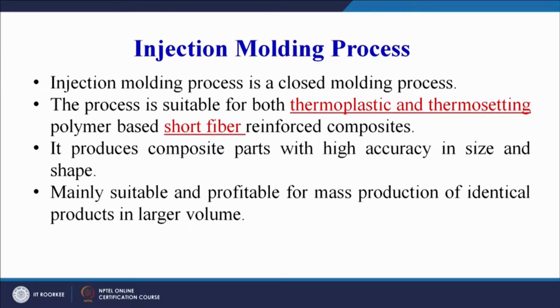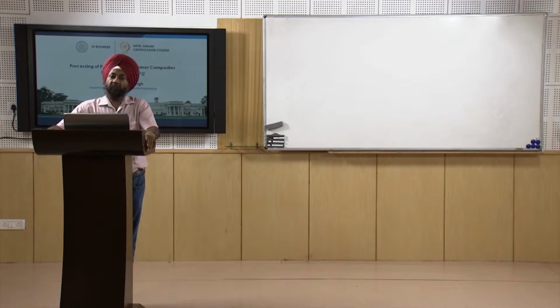The process is suitable for both thermoplastic and thermosetting polymer based short fiber reinforced composites. Majorly, the maximum applications are for thermoplastic based composites, but under special circumstances we may also go for thermosetting based polymers.